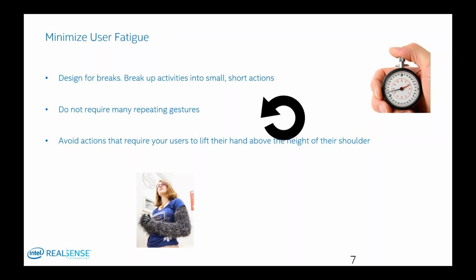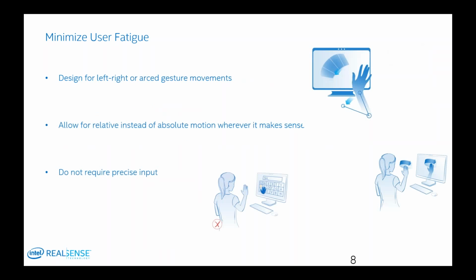For example, the kind of gesture pictured on the top right of the slide. Left and right arc gestures are really easy to do, even for really lazy people. They are not tiring at all. So if you can design your interactions for this kind of gesture, I think that's the best.